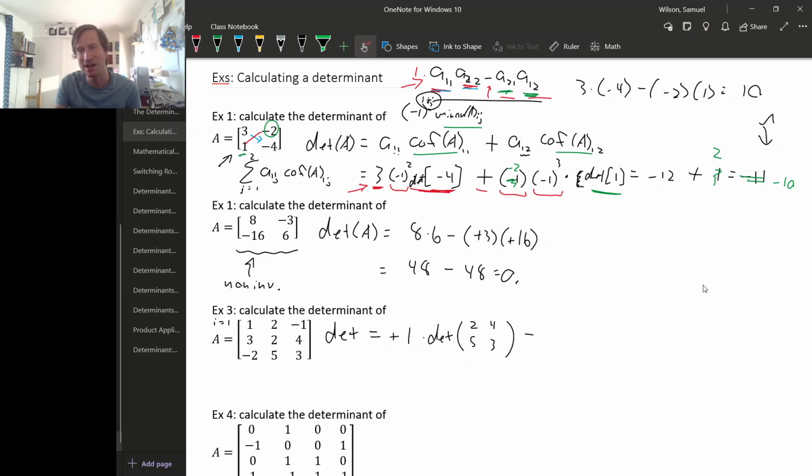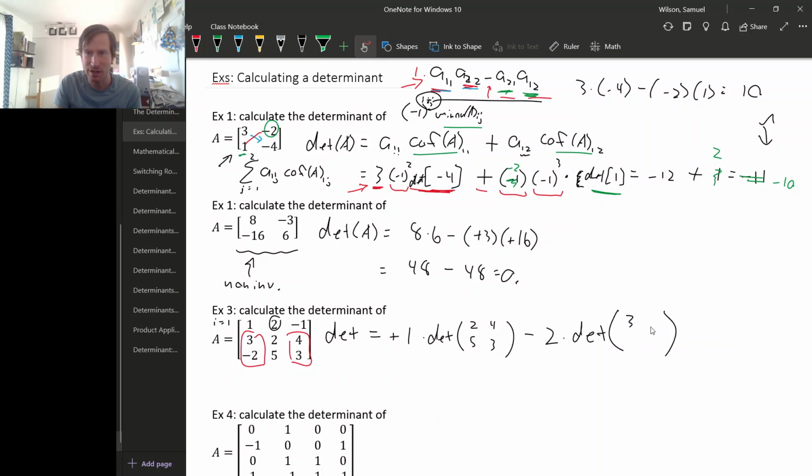So it's plus, minus, plus. Okay, so minus, and now we take this entry, 2, times the determinant of, and then we cross out the column that we're on and the row that we're on, and we get these four entries here.